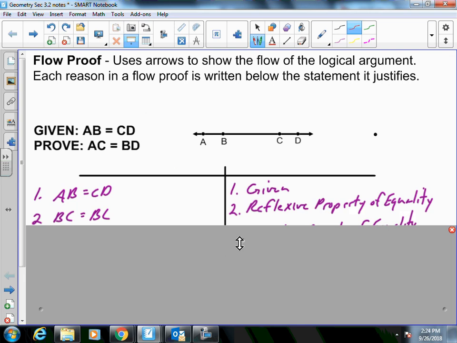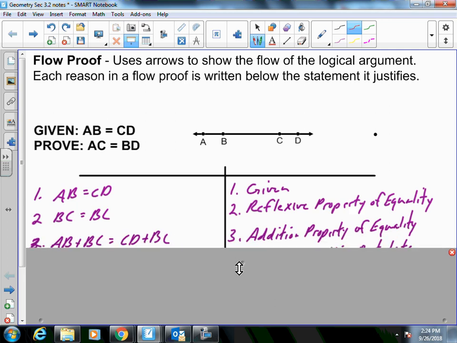So from there, we're going to do what we brought BC into the proof to do, and we're going to add it to both sides of AB equals CD, which is the addition property of equality. Anytime we add the same thing to both sides, maintaining the equality of the equation, that is the addition property of equality. So AB plus BC equals CD plus BC.